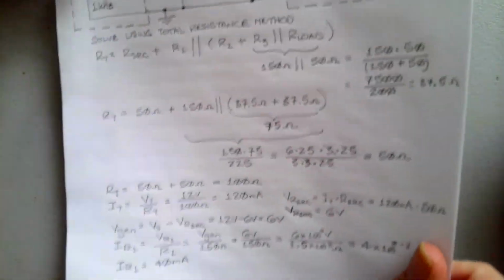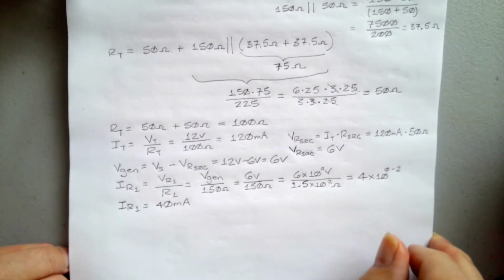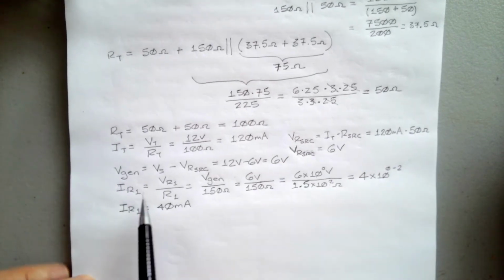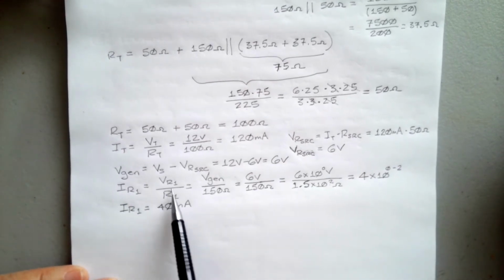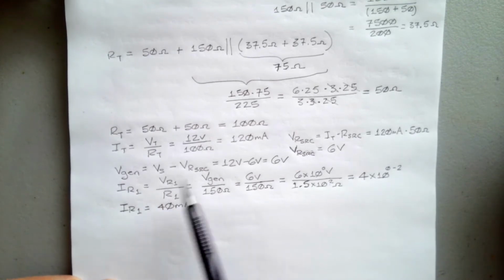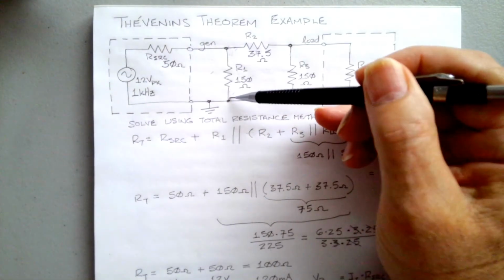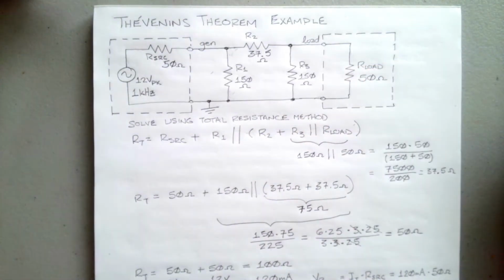So once again, IR1 equals VR1 over R1, and VR1, as we can see, is the same thing as V gen.